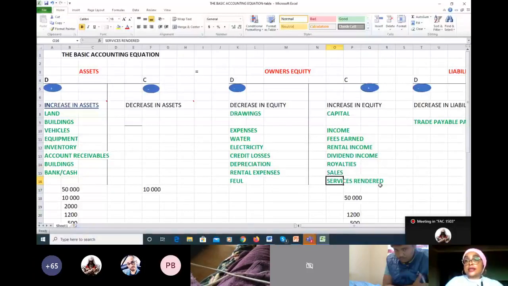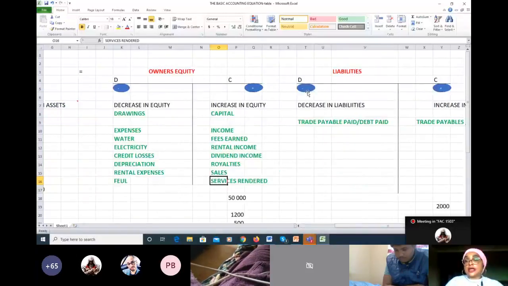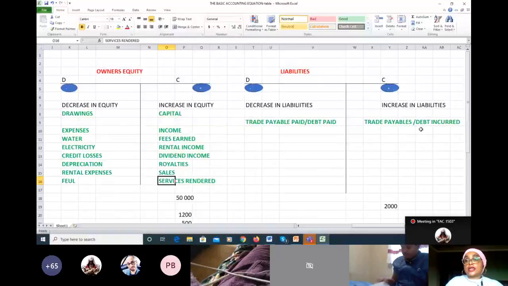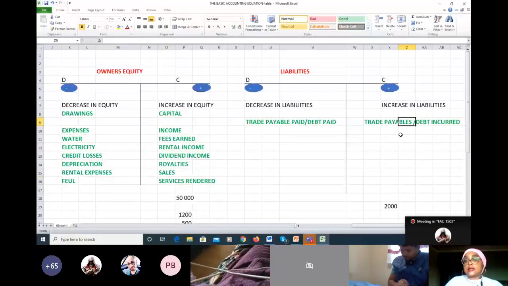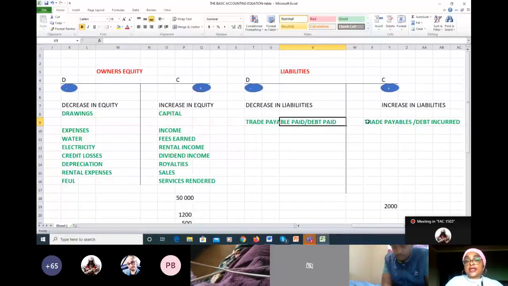Liabilities, they decrease on the debit side and they increase on the credit side. On the credit side, it would be all your trade payables that you made, all your debt incurred, and on your debit side, it's all your trade payables that you have paid, all your obligations paid. So basically, this is the gist of it.